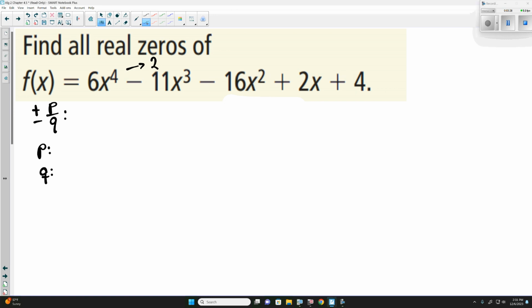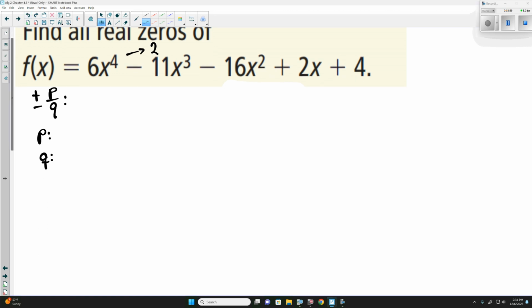If we find a third, that'd be even better, because it would take it down to a degree 1, which is just a linear: an x term and then some number equals c. We just solve for x, which is even better than a quadratic. In the best case, even better than that, is if we find 4. Because if we find 4, we found them all and we are done.